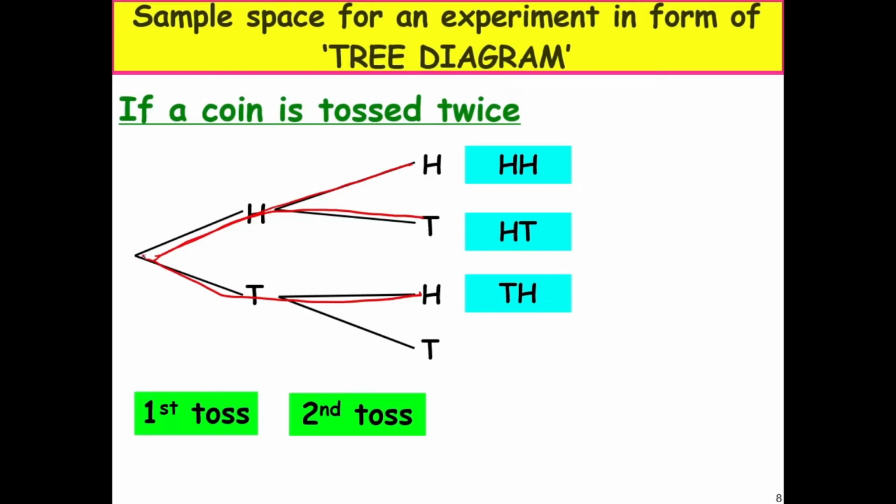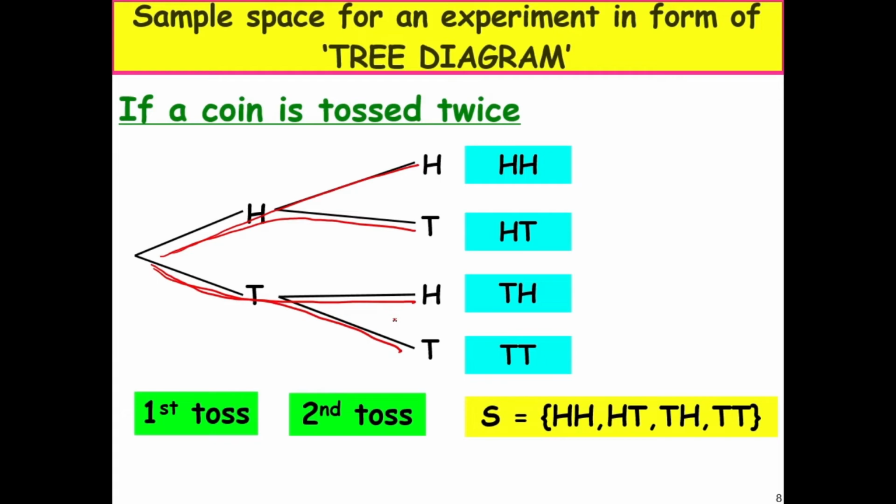Lastly, if we go in this direction, the fourth outcome is tail and then tail. So here I can list down all the outcomes inside the sample space, which are HH, HT, TH, and TT. So we can see there are four possible outcomes when tossing a coin twice.